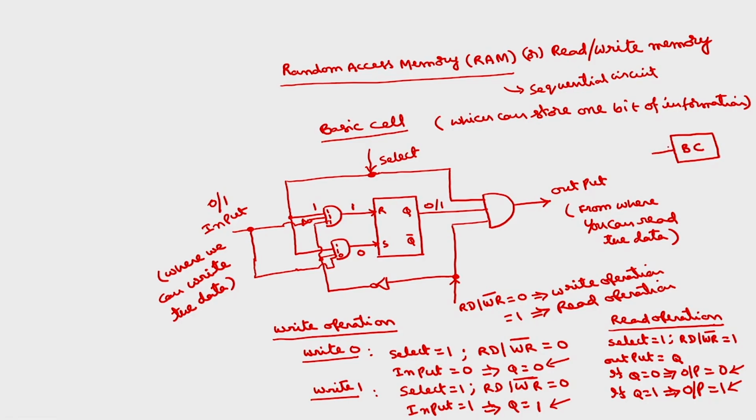There will be one input signal through which we will give the data which is to be written. There will be output signal from where we will read the data. There will be one select signal to perform any operation. First of all, this cell has to be selected. Then one read by write bar signal which decides the mode of operation, read or write.